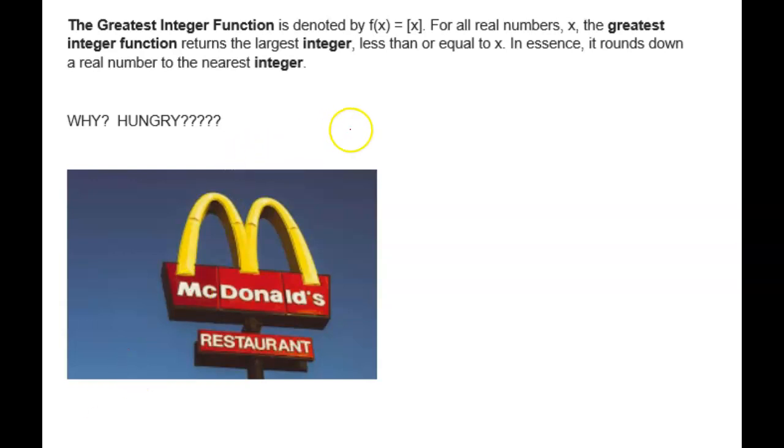So remember, the McDouble is $1. Well, you only have $1.50. Now, I can use the greatest integer function to model how many McDoubles you can get.